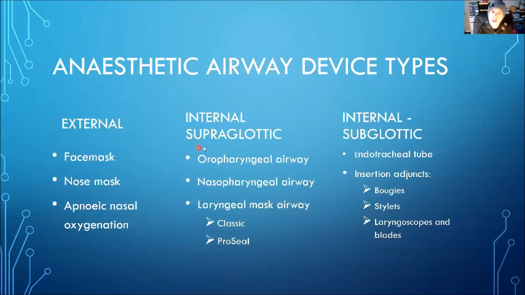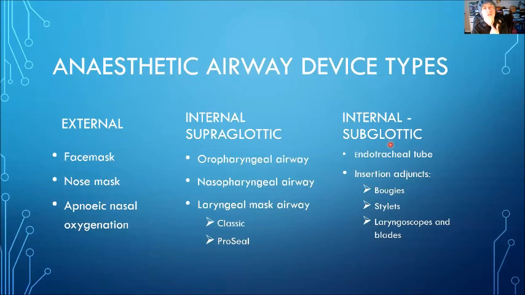The supraglottic devices, the ones that do not go through the vocal cords but sit above them, are the oropharyngeal airways, nasopharyngeal airways, and the laryngeal mask airways, or the LMA. And the subglottic devices are basically just endotracheal tubes in all their shapes or forms.